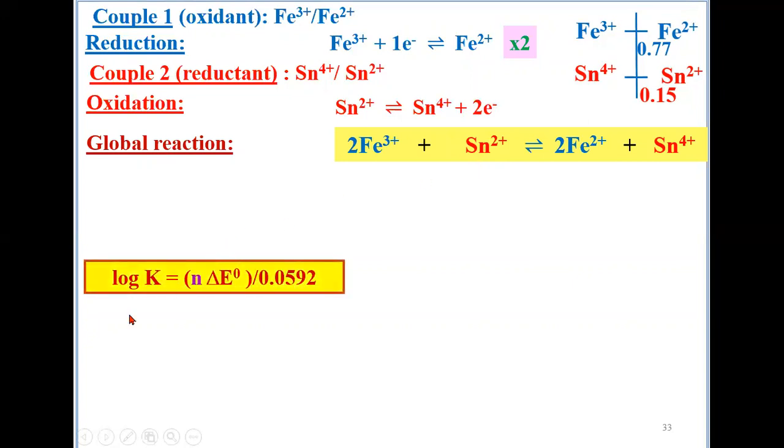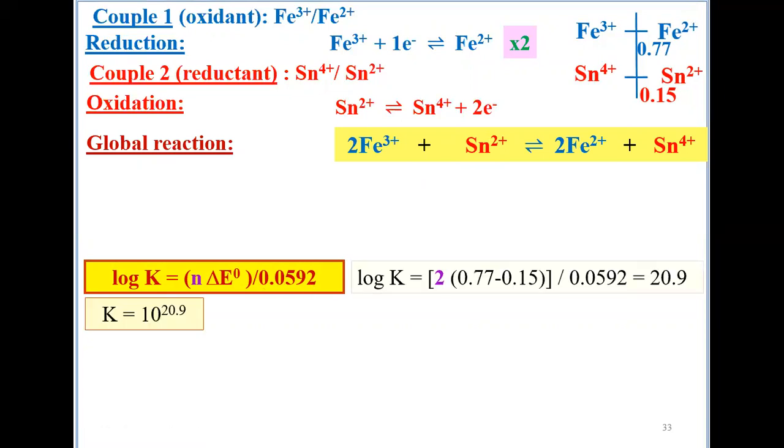Of course, we know that log K is the number of electrons transferred, delta E naught divided by 0.0592, and get the log K. The number of electrons transferred is 2 for now, both of them. And again, you could say 2 times 1, which is still 2, but again, multiplied by delta E naught, which is E naught reduction minus E naught oxidation, which is 0.77 minus 0.15.